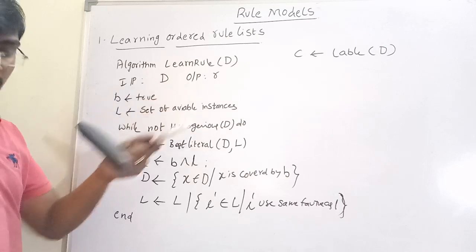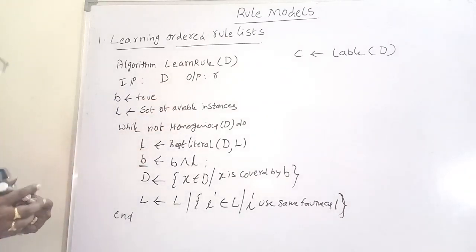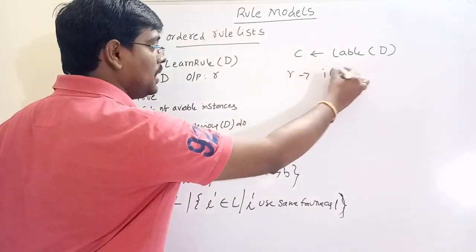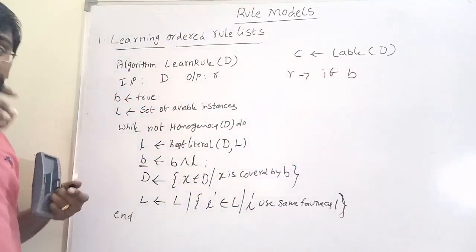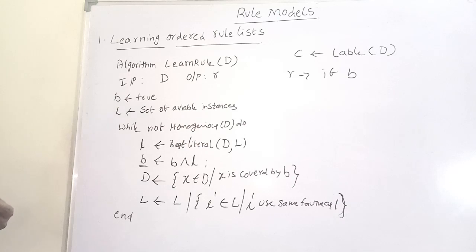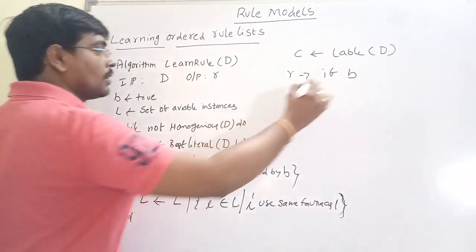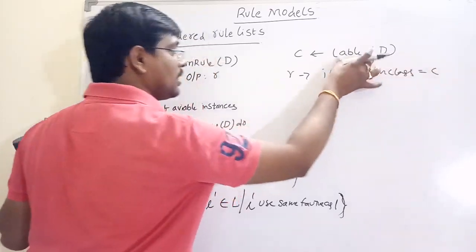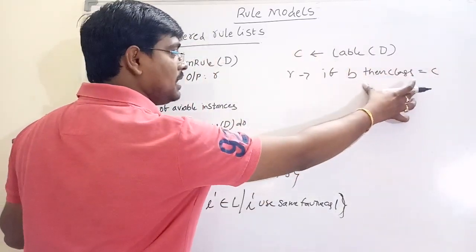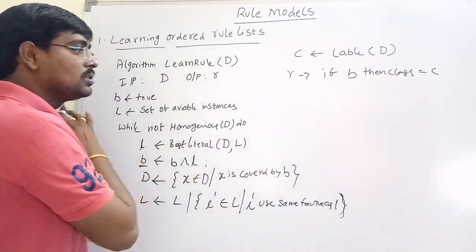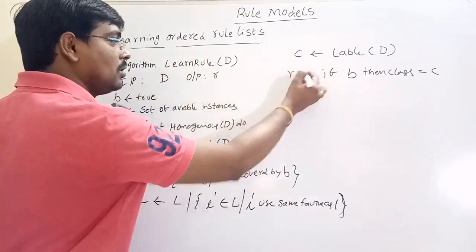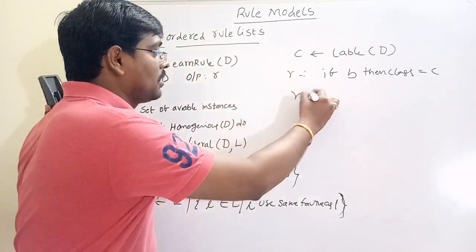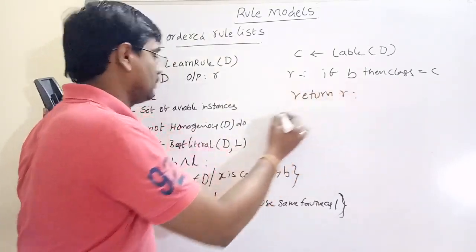C is equal to label of D. Next, if B exists, then class is equal to C. We are labeling as C. That is completely assigned to R. Finally we return R.